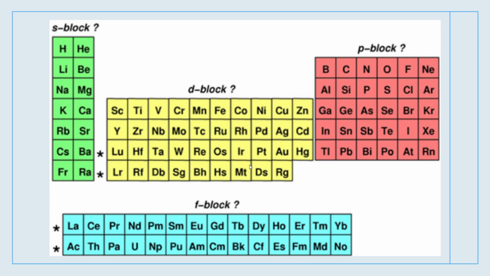For D block, it is middle, and for F block, it is below the main body. You get this in your multiple choice question answers for 1 mark to tell the location of the block on the periodic table.